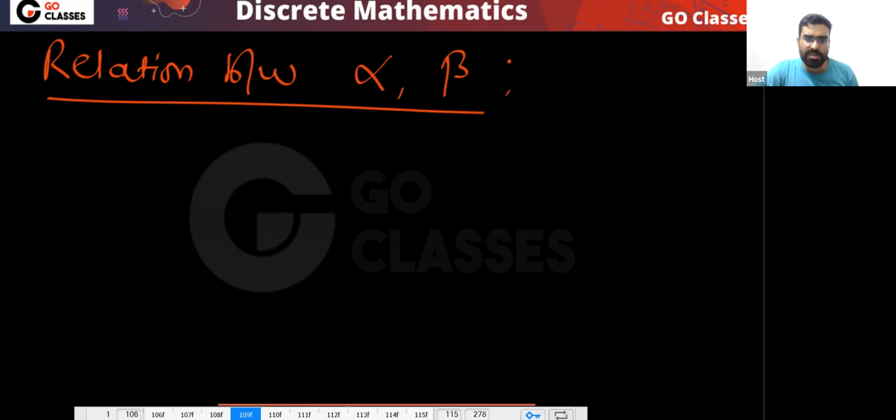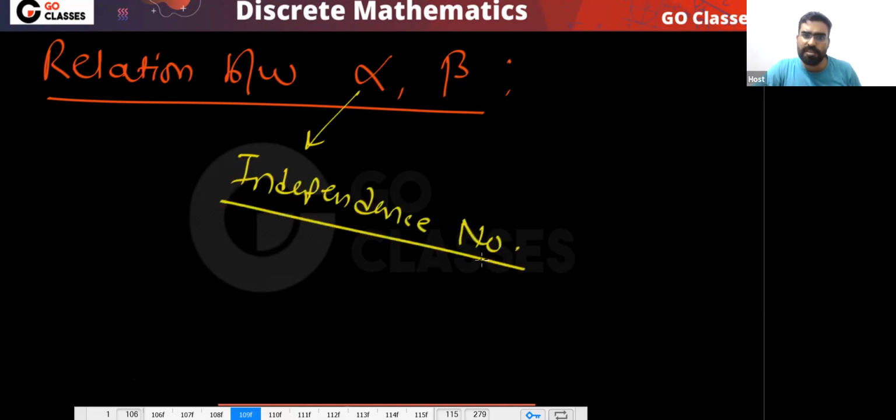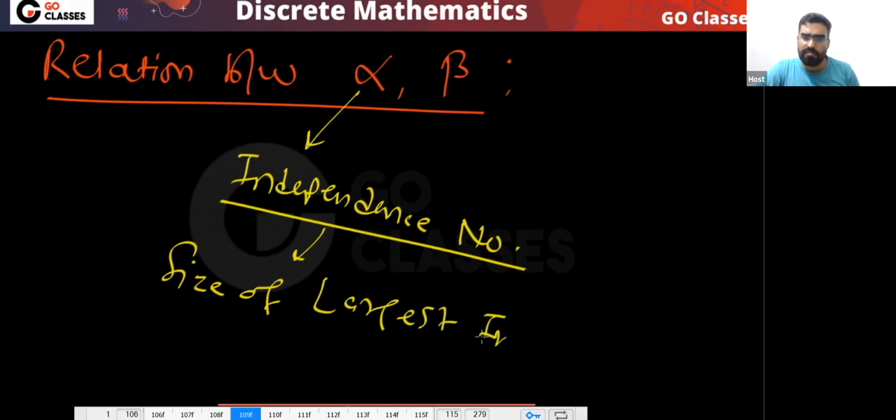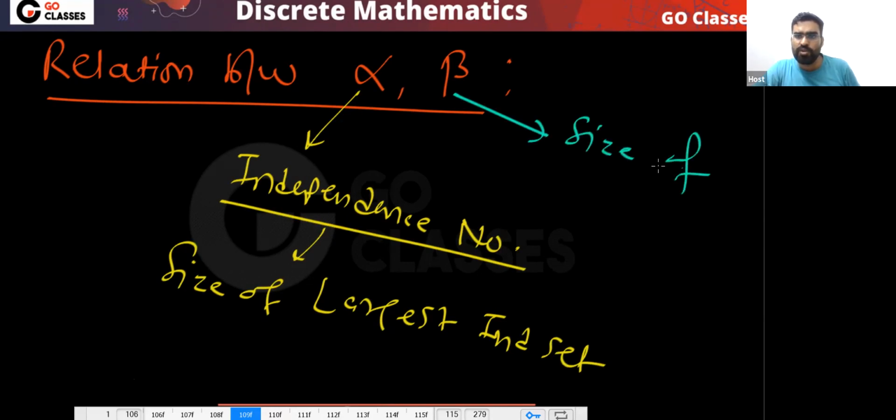So this relation we need to see. And you also know this beta. This is the size of the minimum vertex cover, or I can say this is your covering number, the vertex covering number.